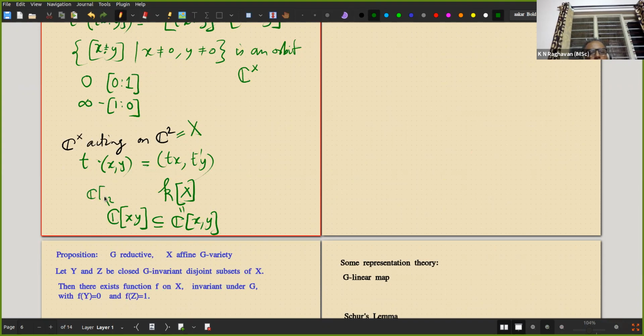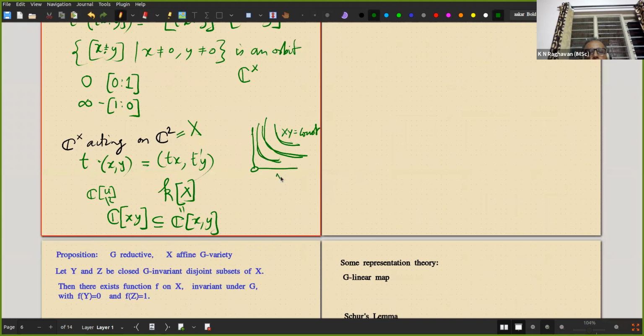So this is like C[T], or maybe not T. Let's use a different variable, C[u]. So this is like affine one space, and if you draw a picture of this, each of these is xy equal to some constant. These are orbits.